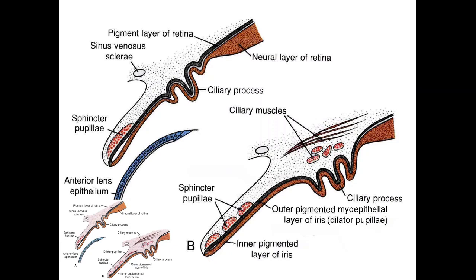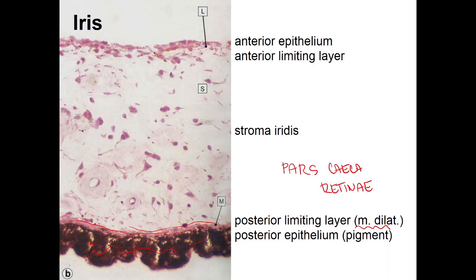Maybe if you have Langman's book of embryology, there are some pictures also, but please note there are some mistakes in these pictures, because in older books, this inner layer is labeled as the inner unpigmented layer of the iris, but as you can see, the inner layer is pigmented.